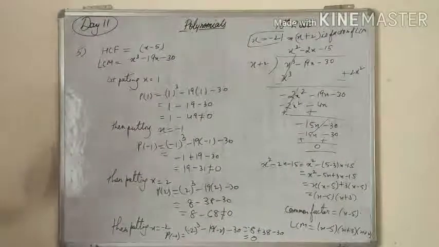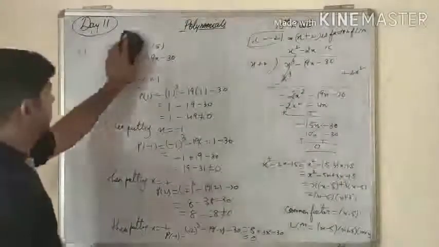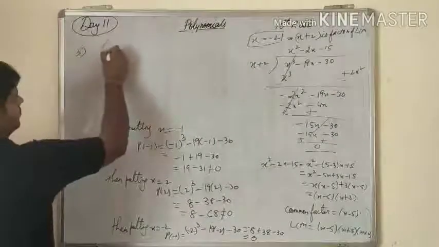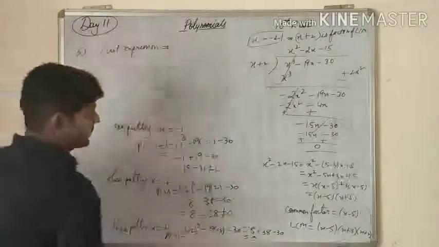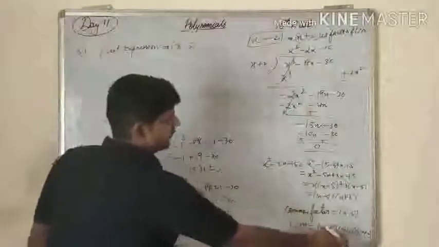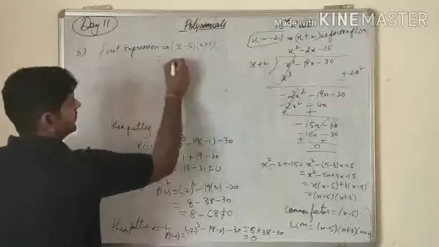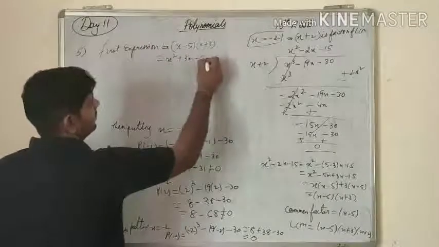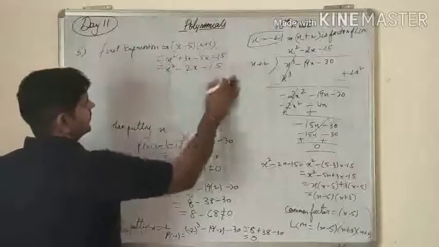Now we have to find out the two expressions. So I am erasing, then the two expressions we are finding, which we are asked. First expression: in which x minus 5 will be common, and another one x plus 3, which is not given in HCF. So the first expression can be written: x into x is x square, x into 3 is positive 3x, minus 5x and minus 15. So finally I got x square minus 2x minus 15. This is the first expression.